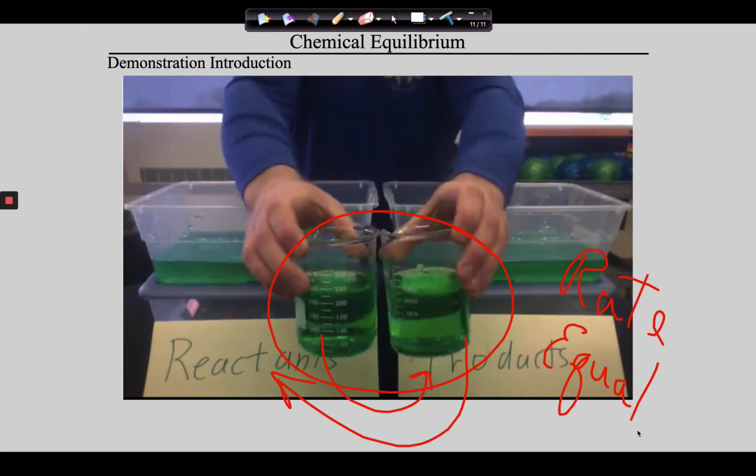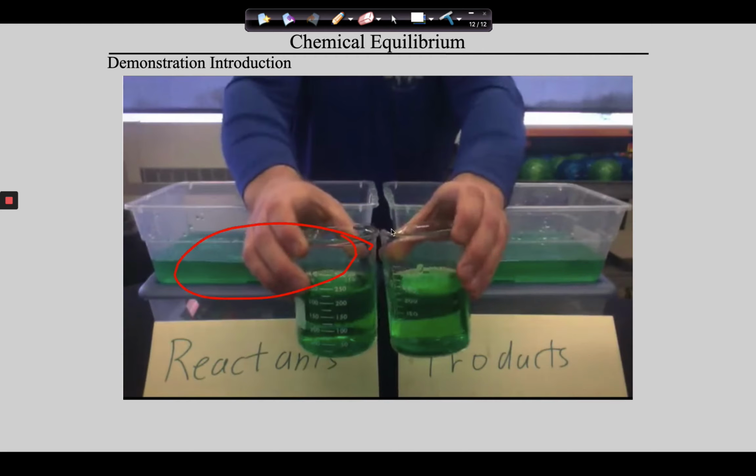But then you'll notice that back here, we can also talk about the amount of water that is in the bins. And you'll notice that the amount of water in the bins is no longer changing. Because the amount that's moving forward and backward is equal, the amounts in these bins stop changing.